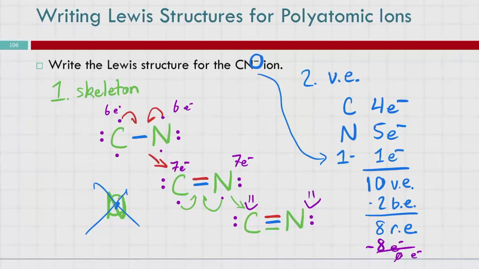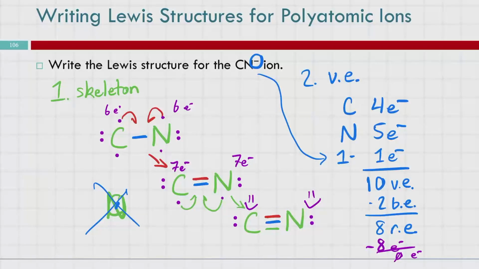Questions? This is not the final answer. What are we missing? The negative charge. So this is a polyatomic ion.